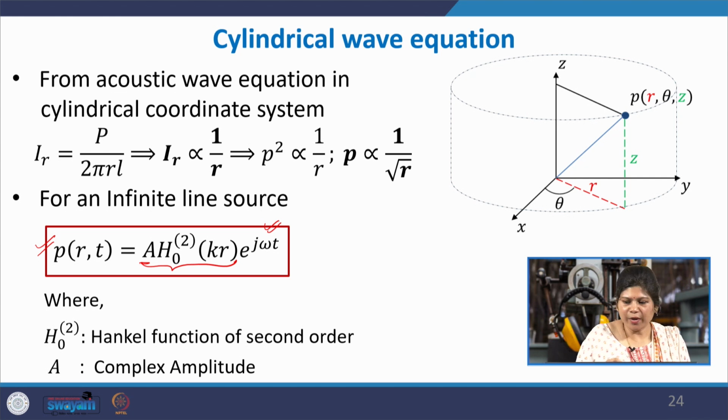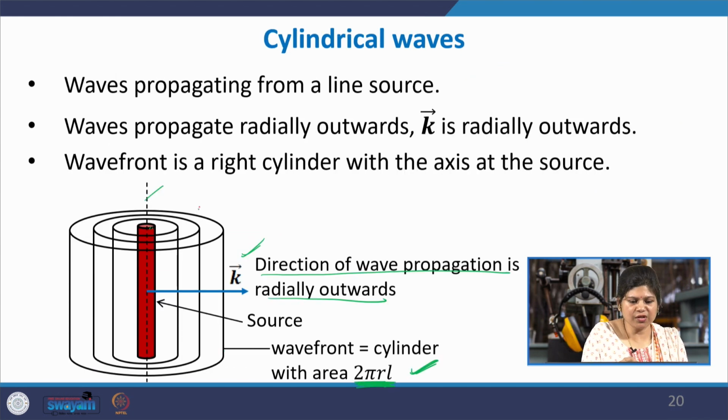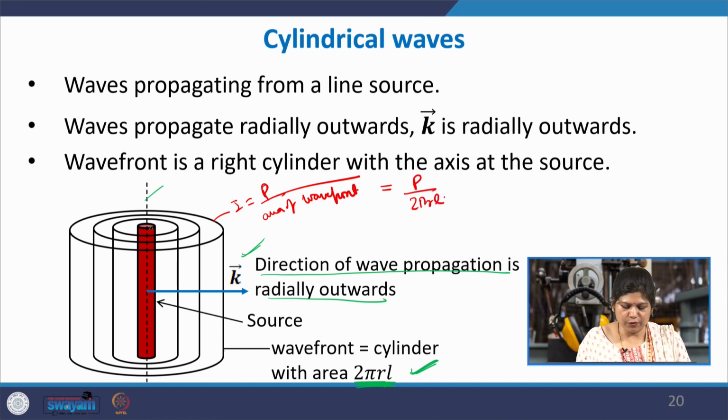At any point P, suppose we measure it. What should the intensity be at this point? It should be the sound power P divided by the surface area of the wavefront over which you are measuring the power. This gives P by 2 pi R L, the area of the wavefront.